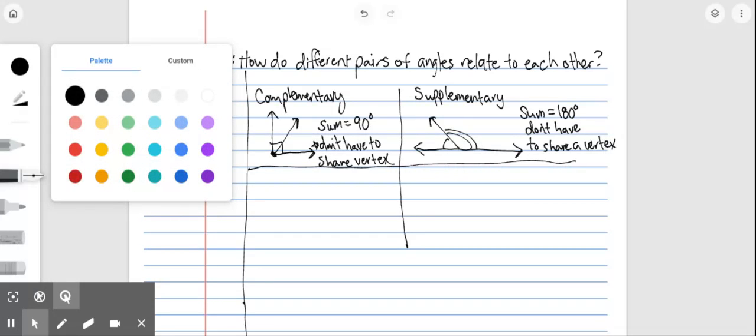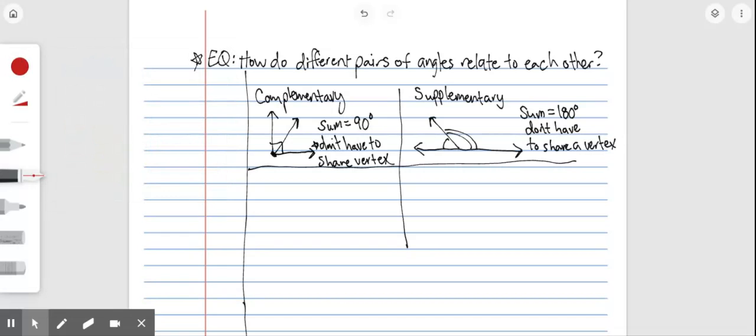Something else that should be noted about supplementary and complementary angles is that they can consist of 2 or more angles. So you might have 3 angles that sum to 90 degrees, and they're all complementary angles. You might have 3 angles that sum to 180 degrees, then together they're supplementary angles.